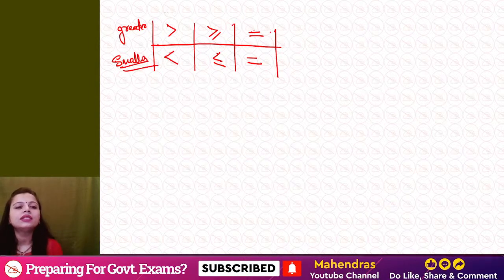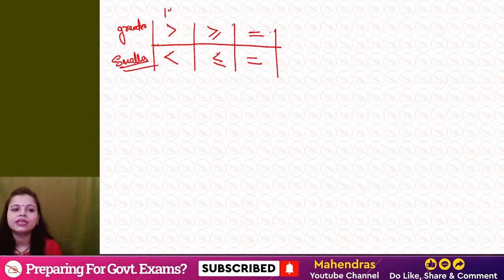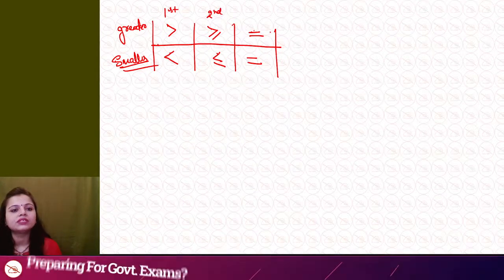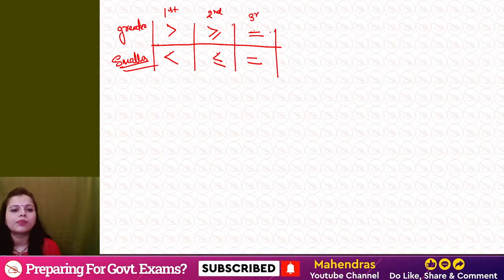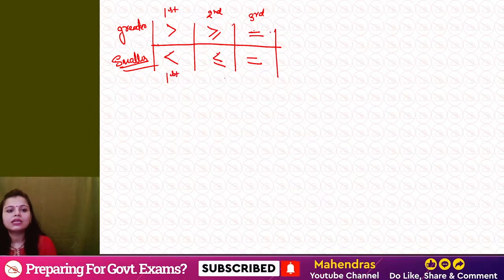In the greater family, always remember, greater takes the first preference, greater equal the second, and equal the third. Among the smaller family, the smaller sign gets the first preference, less equal the second.